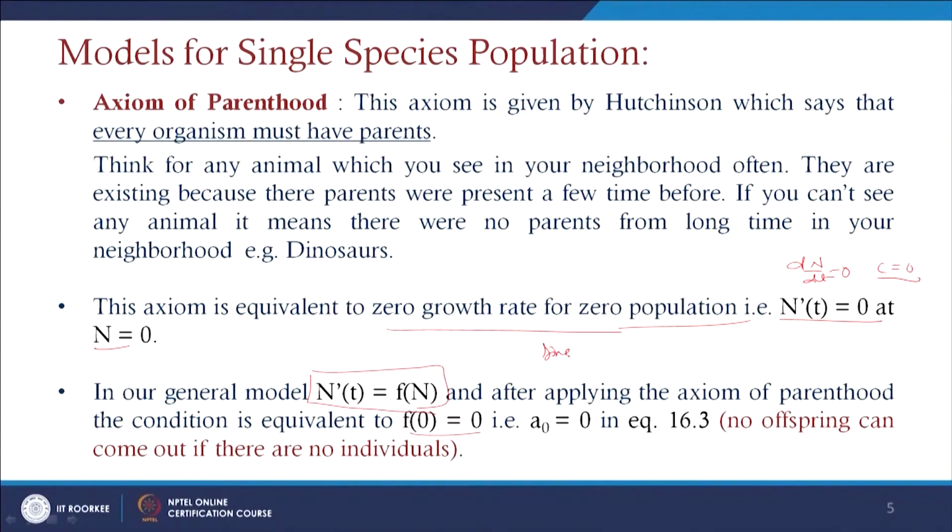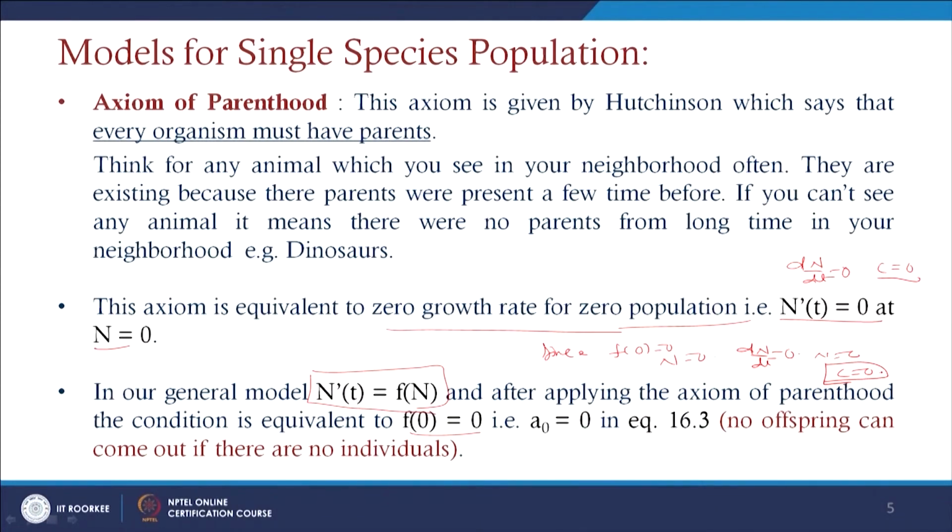Since if f of 0 equals 0 means the population size is 0, then dn by dt is also 0, and in reverse, if you consider the integration, n equals a constant. So, obviously we can say c equals 0 if there is no population.